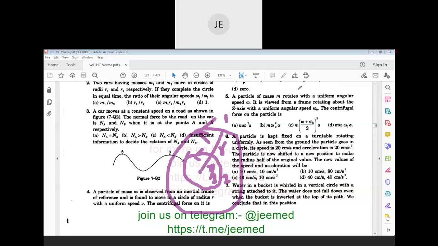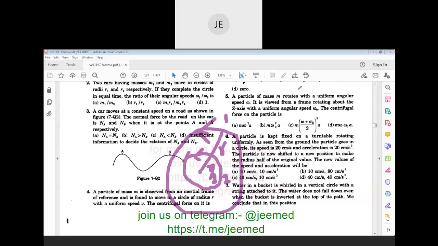Use v square by r for centripetal acceleration and v by r for angular velocity, and then try to find out the radius. Then you divide the radius by 2. Once you get the radius, you can find out speed and acceleration again.